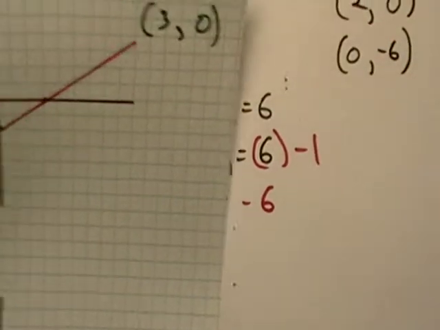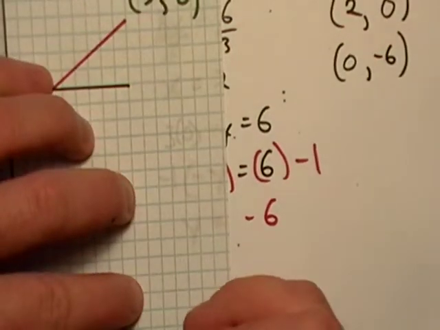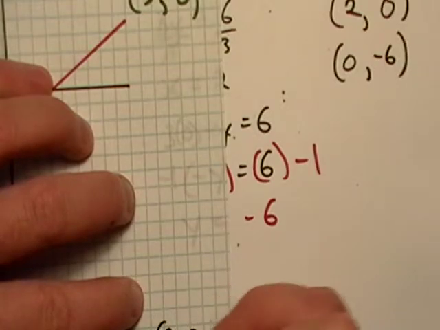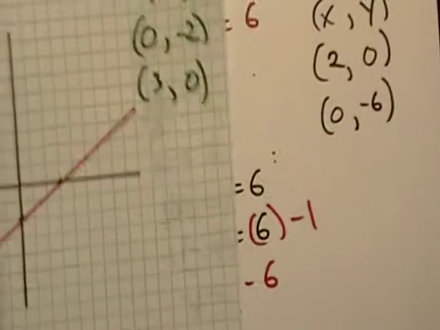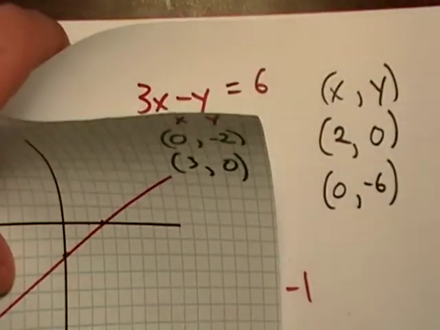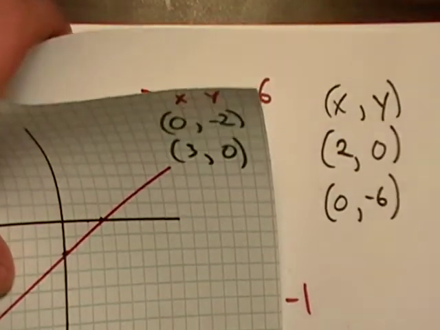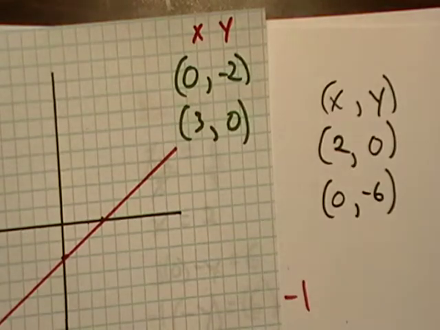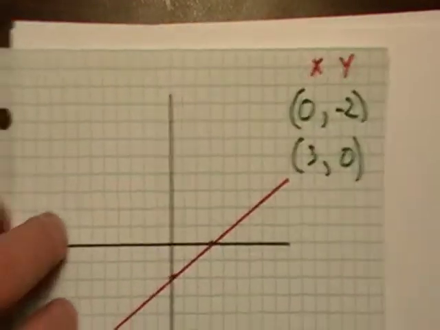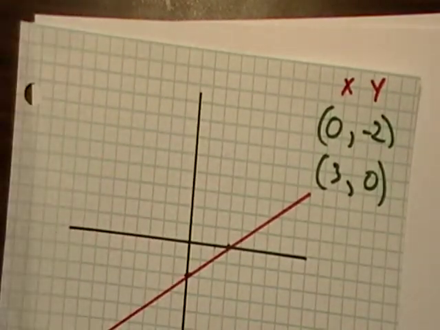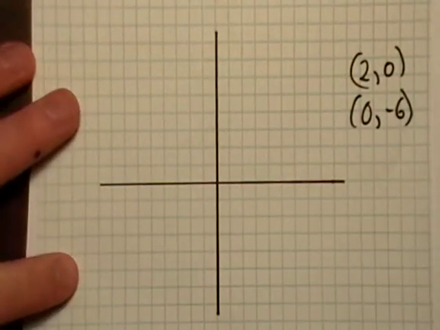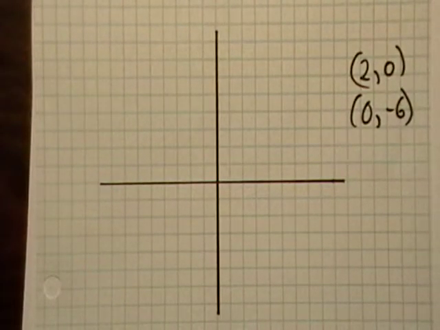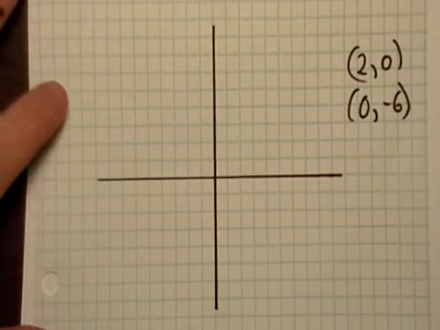So y is -6. I'm going to transfer some of this information over here. Oops. Bear with me. Okay, I'm going to use blue on the graph today on this one.